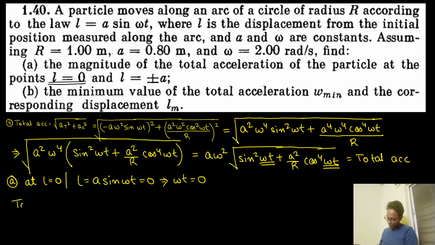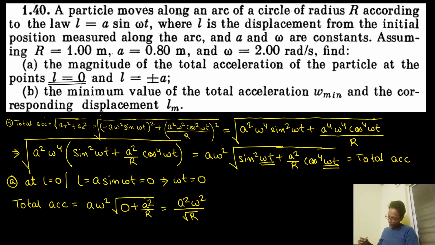Total acceleration is equal to a omega square into root of sine square 0, which is 0, plus cos to the power 4 0, which is 1, times a square by r square. Or total acceleration is equal to a square omega square by r.